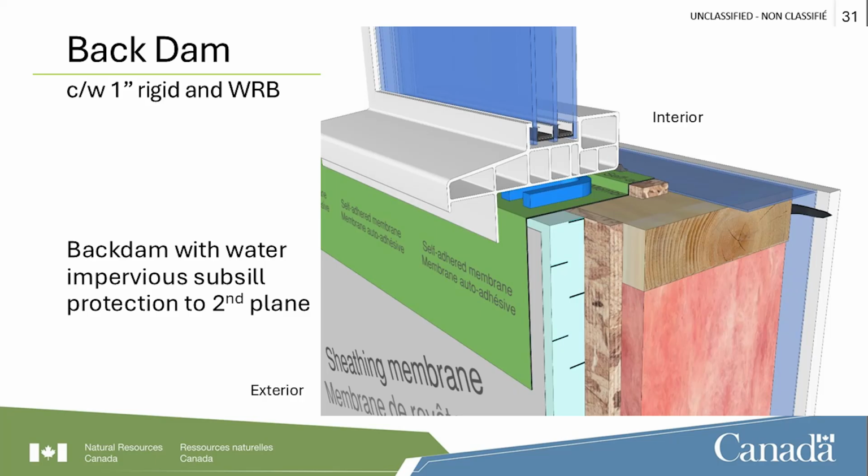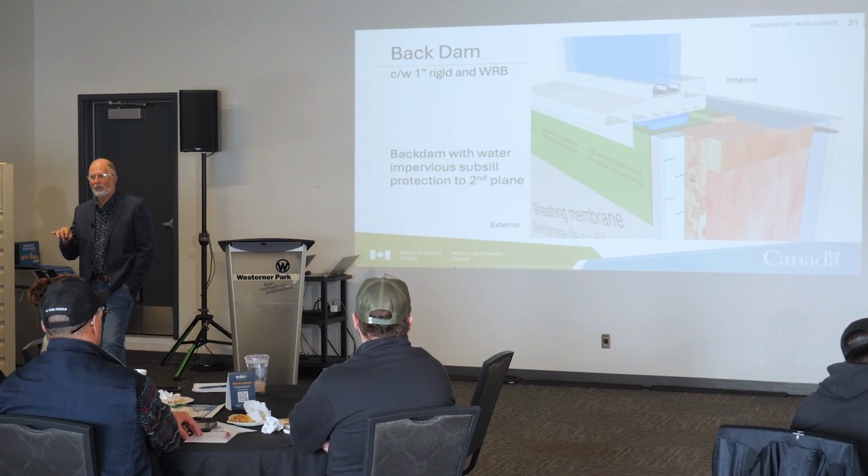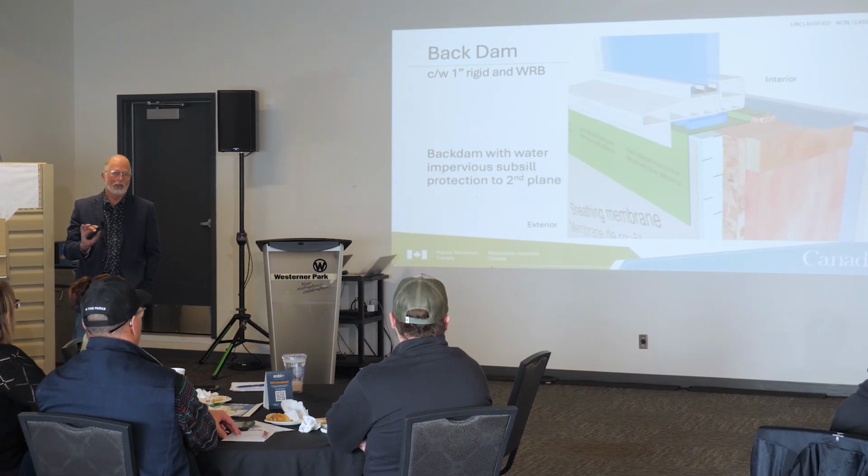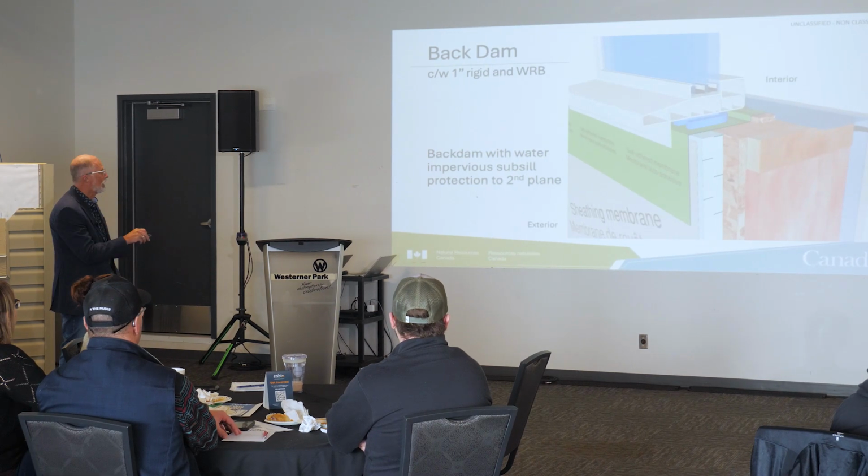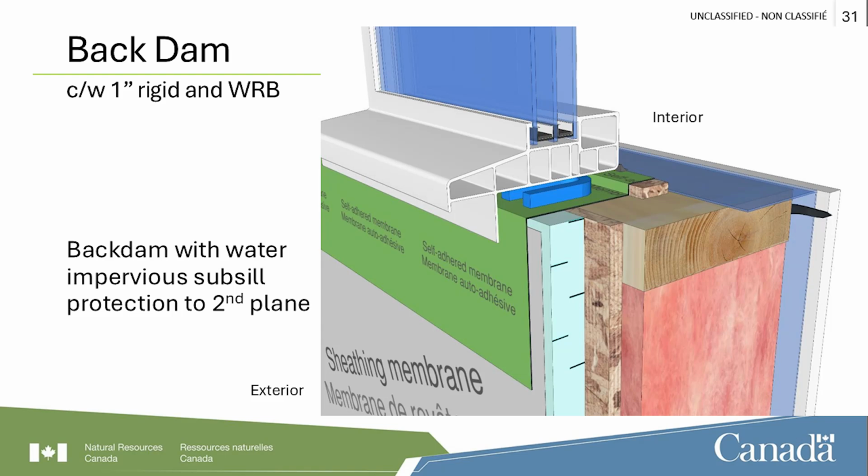If you look at where the location is here, in a back dam with a 1-inch foam on the exterior, the challenge here is the support for the glass. Right? How do you support the glass if you're putting exterior insulation on there? Because you have a setting block in here, you have a weight, you know, it could be a 300-pound piece of glass in here.